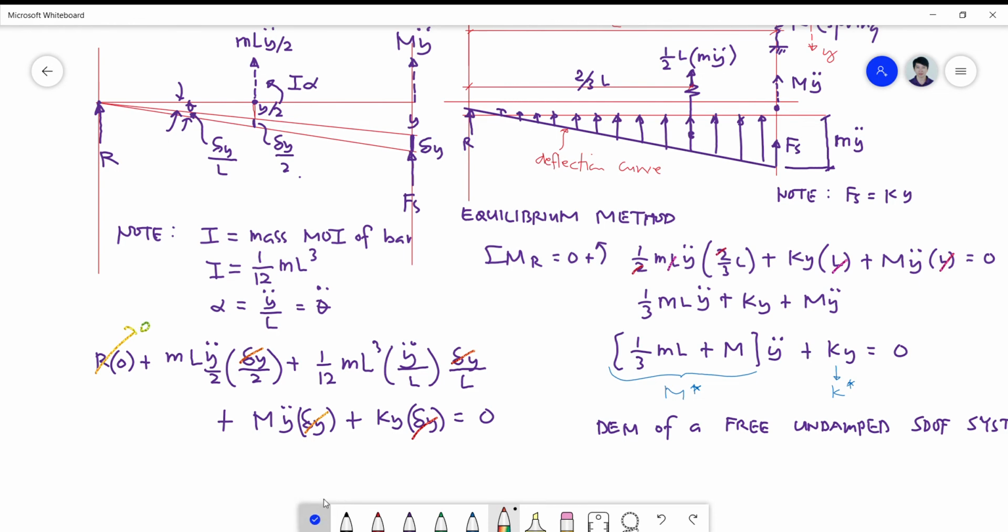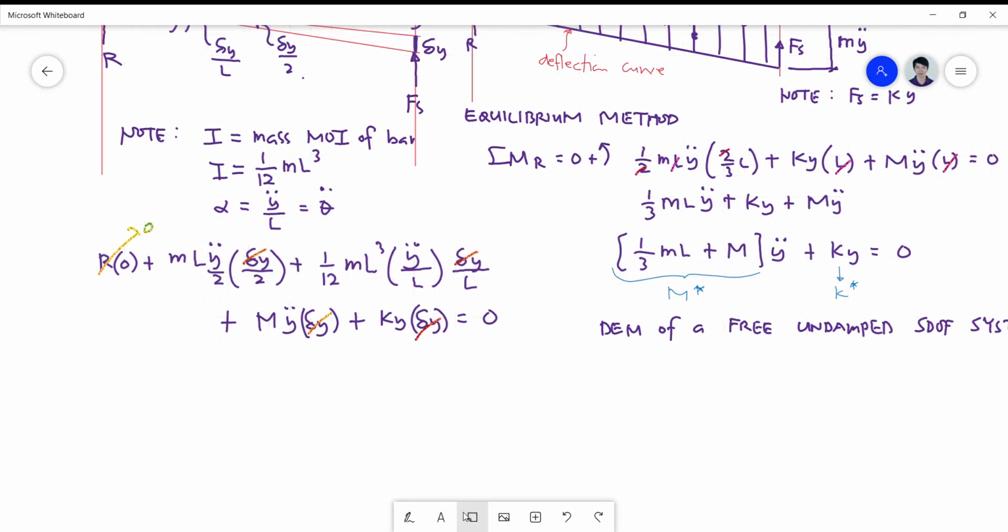So what remains is 4 forces, and we can combine the 3 by simply factoring out y double dot.